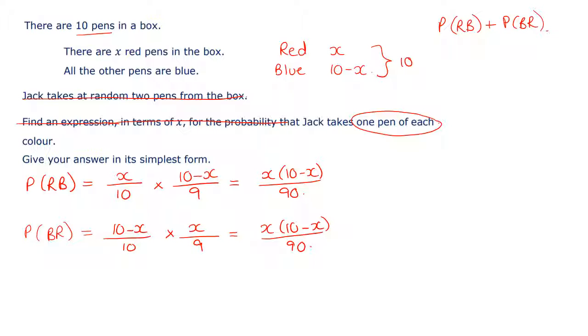So remember, I wanted to add those two together. So we're looking for 2 lots of that. So we've got 2x brackets 10 minus x over 90. Again, I'm just going to simplify this. So I'm going to divide the top and the bottom by 2.